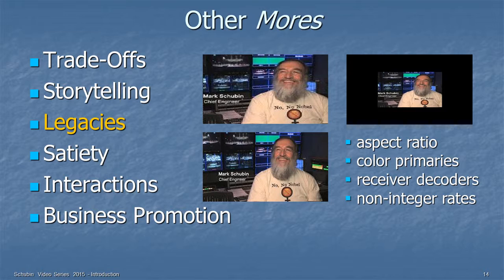So that's aspect ratio. There are also issues of color primaries, which I'll talk about a little bit later. Receiver decoders. You can go to a wonderful system for delivering images and sounds, but if the receiver doesn't have a decoder for it, that's a problem. Non-integer frame rates is one of the legacies that we're dealing with. So those are all things that have to be dealt with in this era of more.